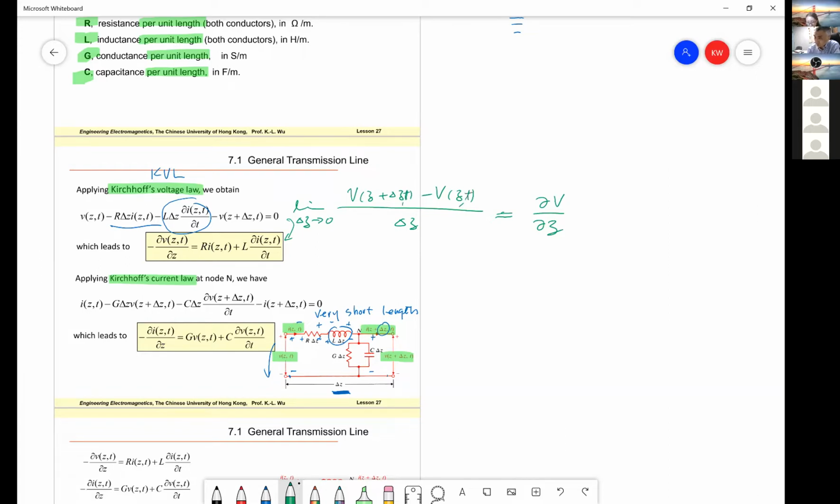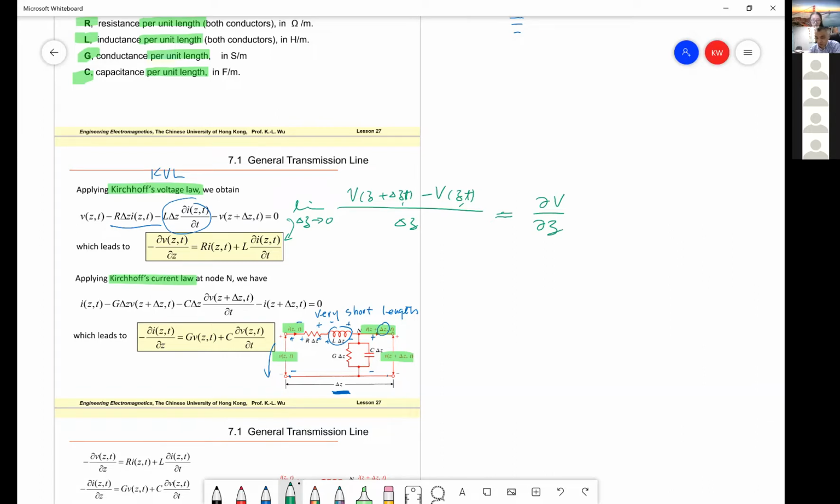Because this is too short, I can say the voltage difference and current difference happen almost at the same time, because electromagnetic wave travel is too fast. So we have one equation.